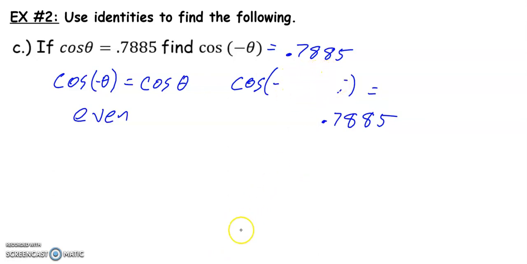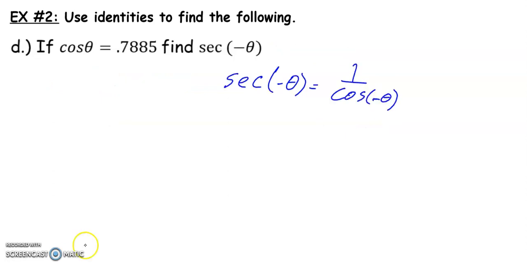We're going to plug in some negative value of theta. I don't know what it is, and that's going to give me out a positive 0.7885. So we're going to do 1 over 0.7885. I don't like decimals inside my fraction, so I'm going to give it all as 1 decimal. And that's going to get about 1.2682.